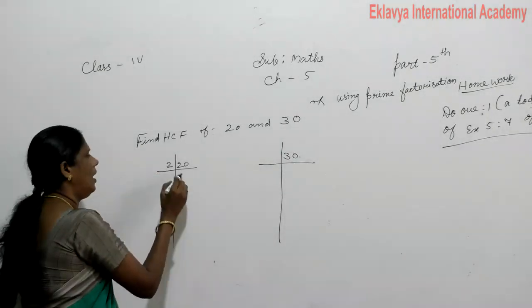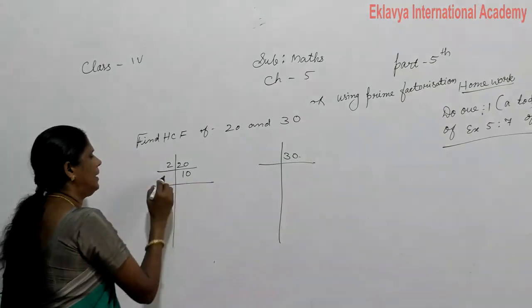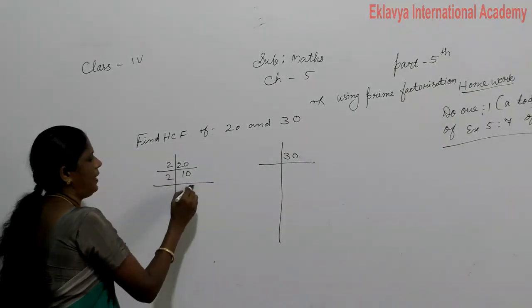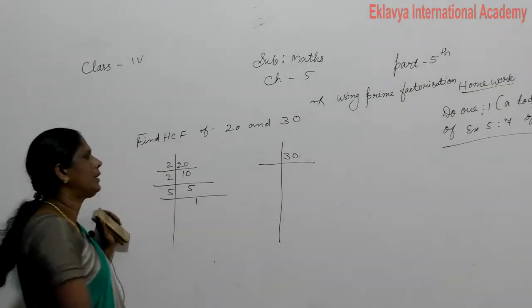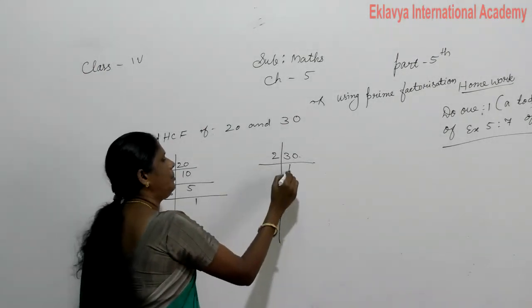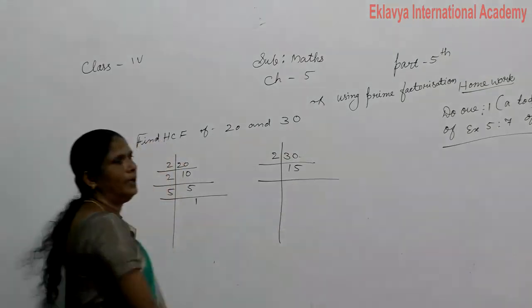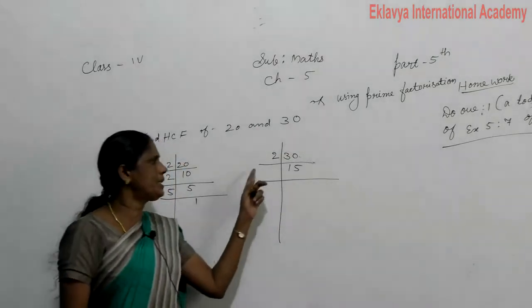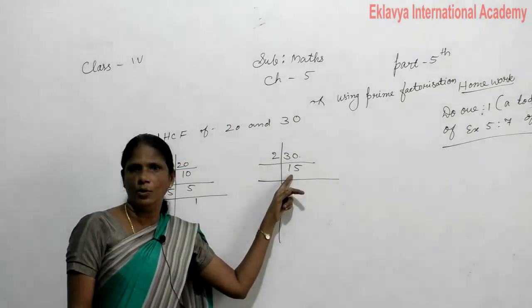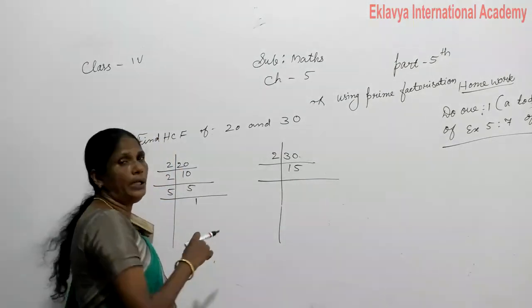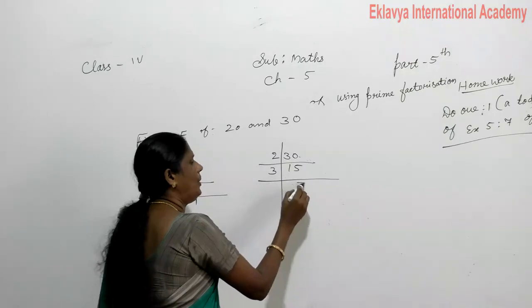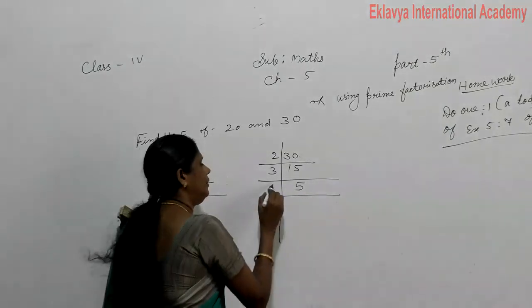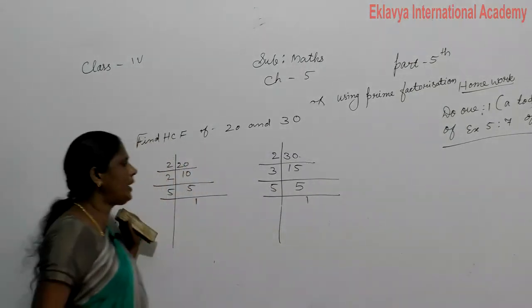Yes. 10 times. Then again 5. Next 5 is a prime number. Then here 15. Is 15 divisible by 2? No. Again you take the next prime number, 3. How many times? 5 times. Then you take 5. Okay.